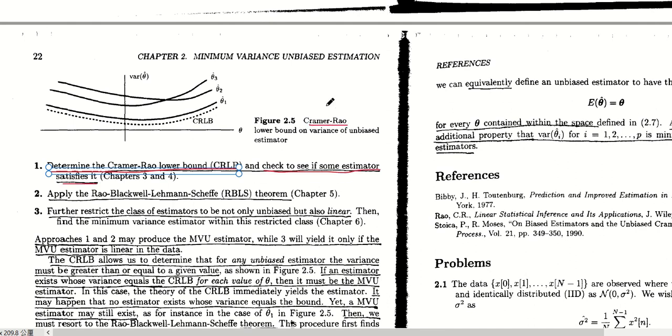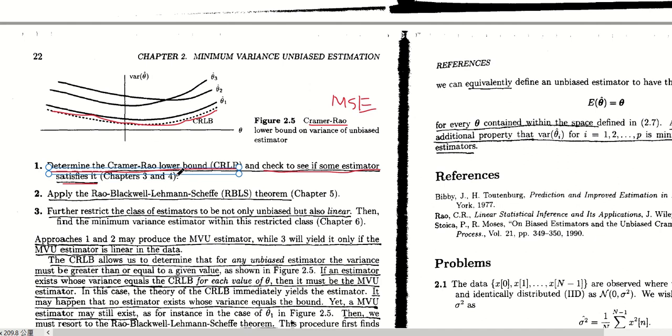The Cramer-Rao bound is a lower bound for MSE, which we will talk about later. If we find this CRLB, and there is an estimator that is very close to or even matches the CRLB, then we can say that this estimator is the MVU.